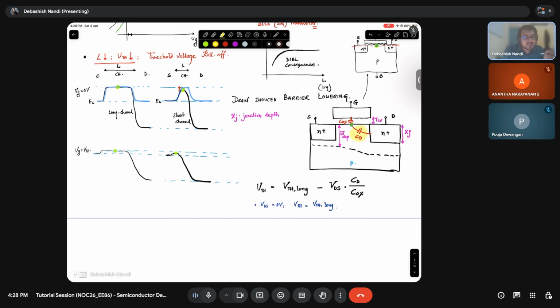If this capacitance is increased, so if CD increases, influence of VD on this point or channel midpoint increases.